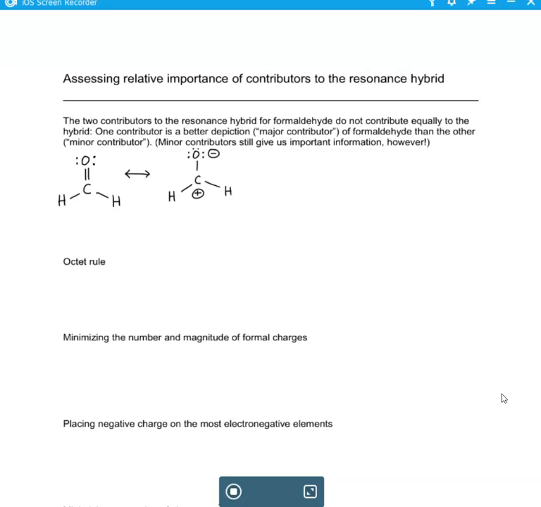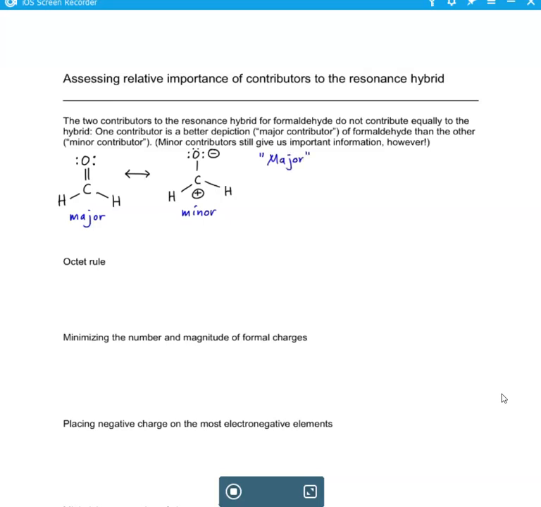They both don't contribute equally to the hybrid. One of them is a better picture of formaldehyde. We would call that the major contributor than the other one. We would call the other one the minor contributor. Now in this case, the structure on the left, as it turns out, is the major contributor, and the structure on the right is the minor contributor.